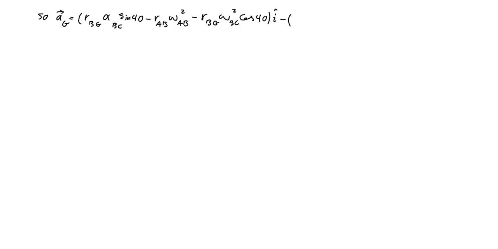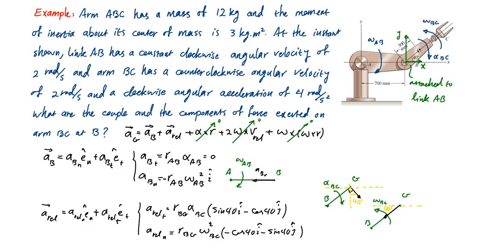Minus R BG alpha BC cosine 40 plus R BG omega, well, it's supposed to be omega BC squared sine 40 J. Now, whatever is here, we know RBG is the distance from point B to point G, which is 300 millimeters.